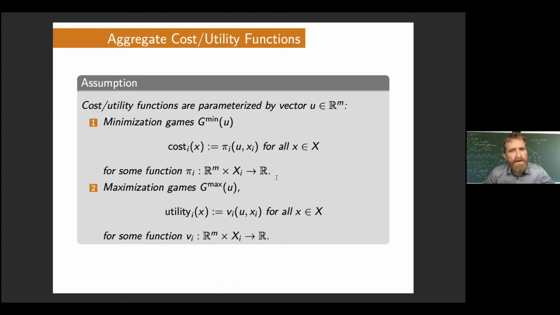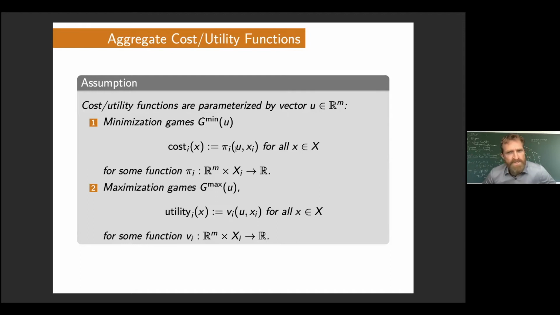And now I introduce utility functions of these players. We need to understand how they act, how they behave. And I differentiate between minimization games and maximization games. Okay, let's start with minimization games. And I present these cost functions of a player. I parameterize them in this vector u. u was this capacity vector on the right-hand side. And this is now always used as a parameter of our description.